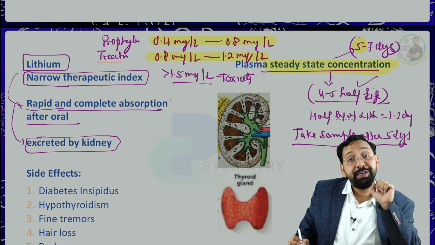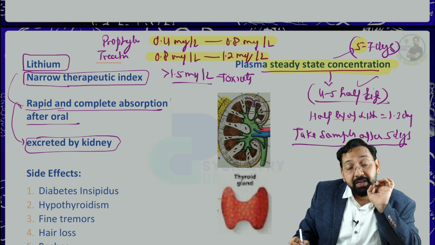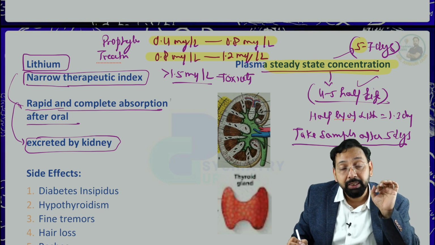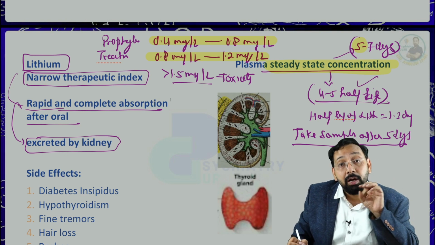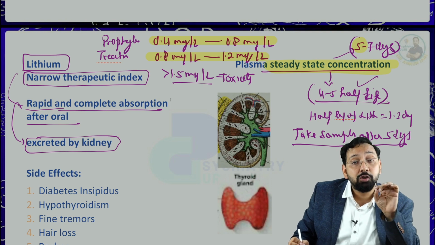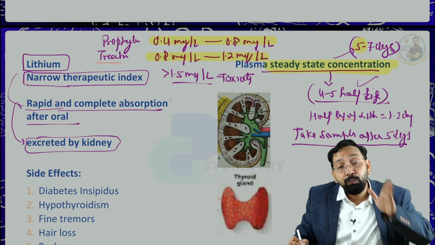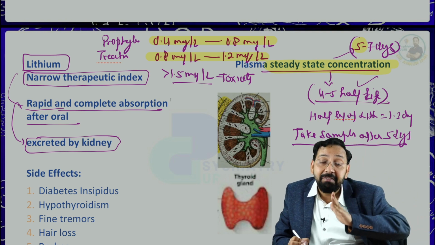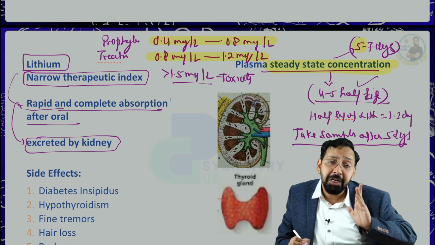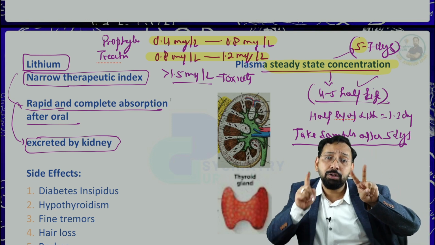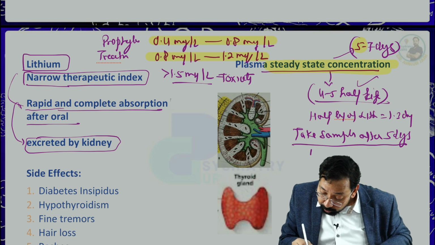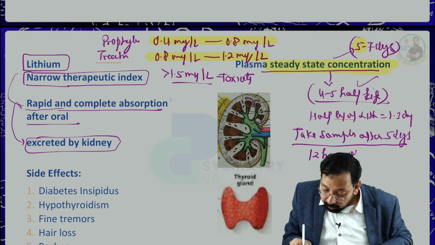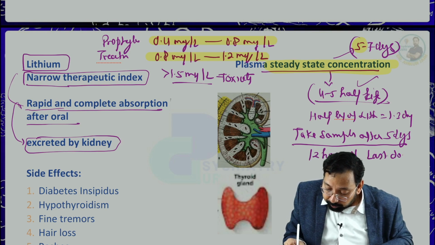And when you take the sample, suppose you prescribed 300 milligram morning, evening, night. Suppose the patient took the last dose at 8 p.m. You will come early at 8 a.m. and take the sample. Means exactly 12 hours after the last dose.